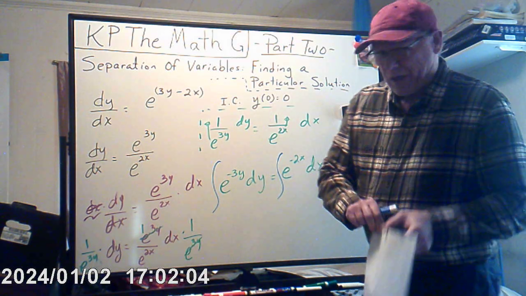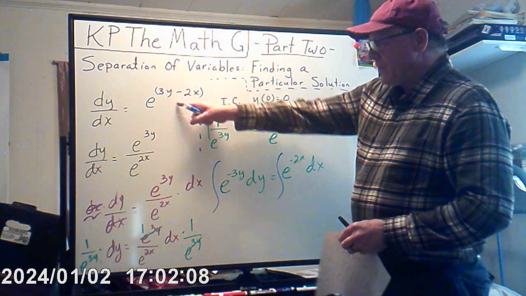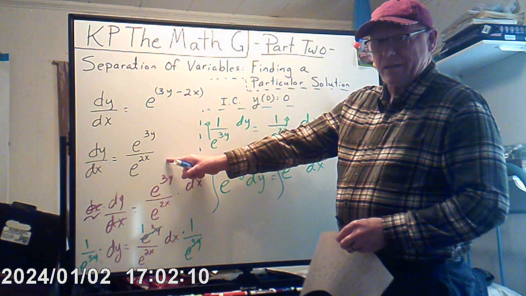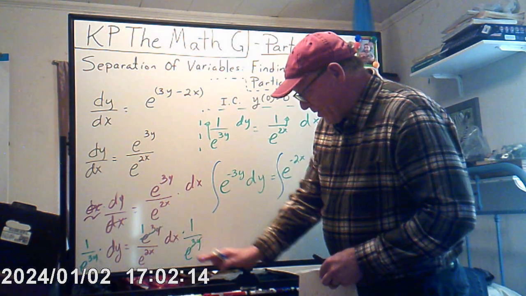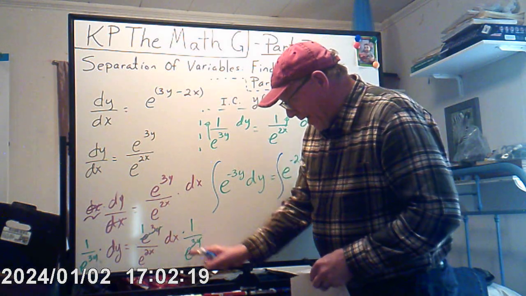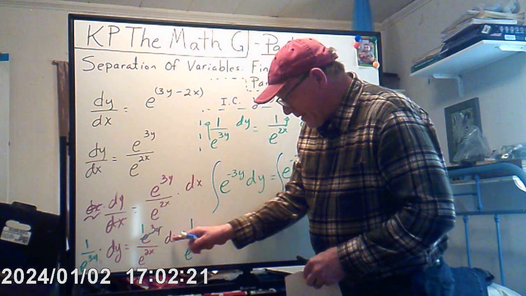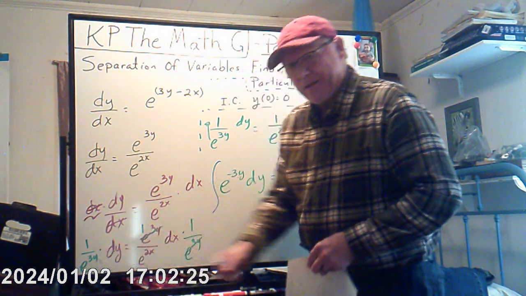And every once in a while I like to give a challenging problem. You've got to know basic rules here. You got to realize, what can you do here to get this y out of the way so you can have just these x dx here. That automatically fixes this up, doesn't it?